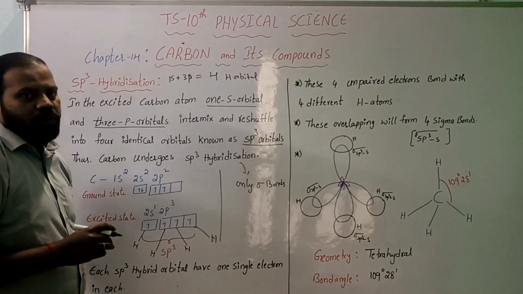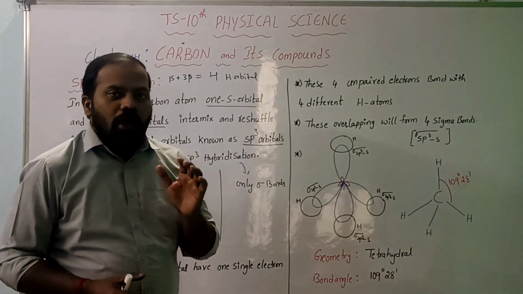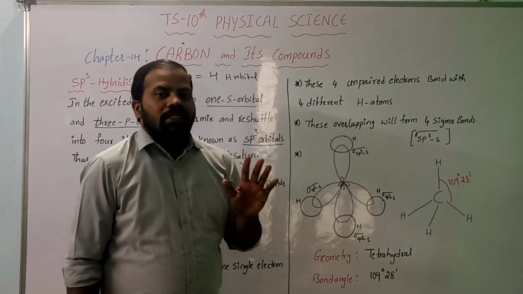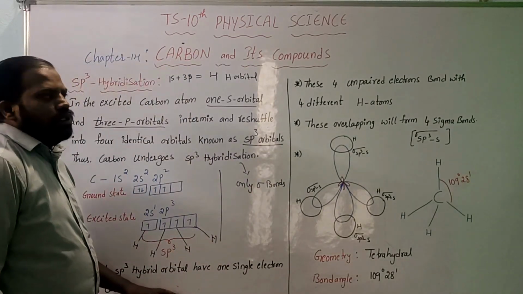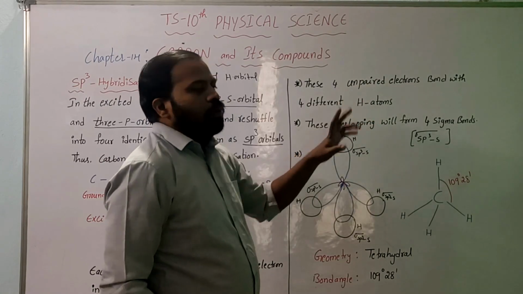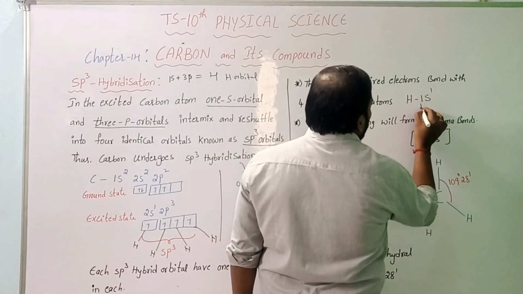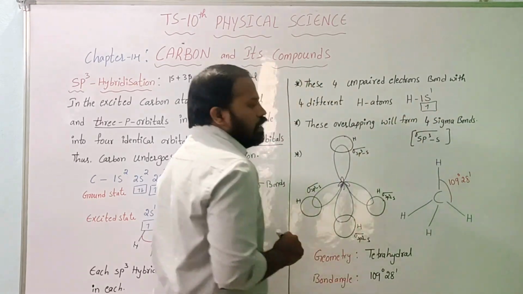There are no pi bonds formed in hybridization. Hybrid orbitals can only form sigma bonds. So in this hybridization, sp3 hybrid orbitals can bond with the hydrogen atom. The hydrogen atom has the configuration 1s1. It has a single electron.